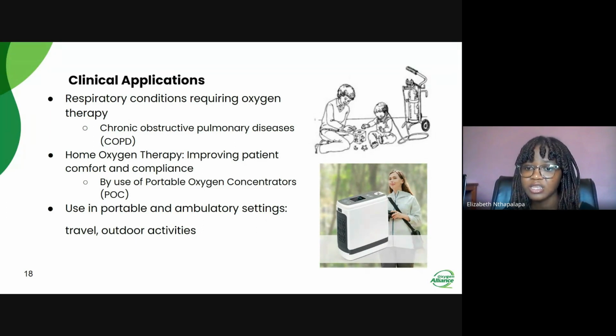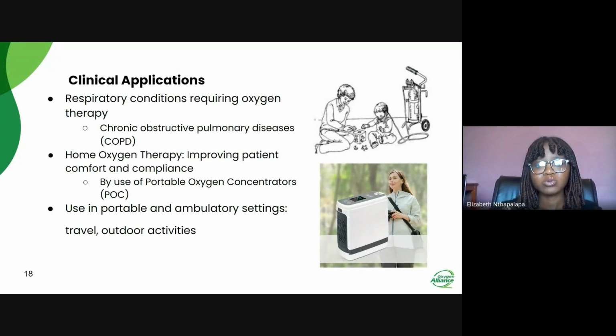As you can see in the picture down there, that's an image of an oxygen concentrator, and the lady is just carrying it as a handbag, which is portable enough. She can be moving around with it, so you can travel with it, go and do outdoor activities with it, which is luxurious enough. So we are just appreciating and seeing the importance of this technology.